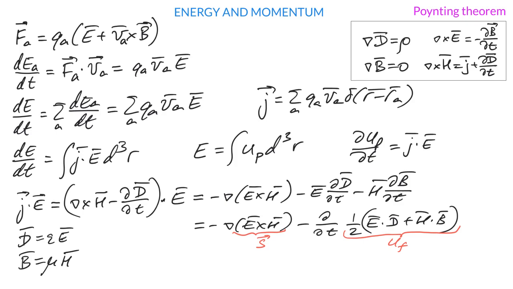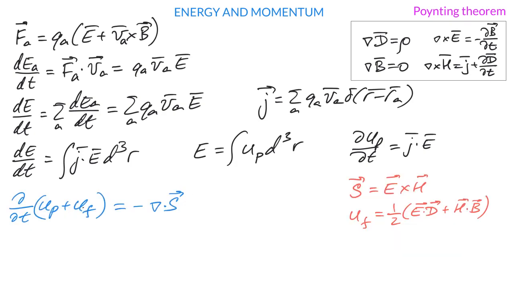So putting this together, because the left-hand side, J dot E, we have denoted as the rate of change of the density of the energy of the particles, altogether we have d by dt of (u particles plus u field) equals negative divergence of the Poynting vector.